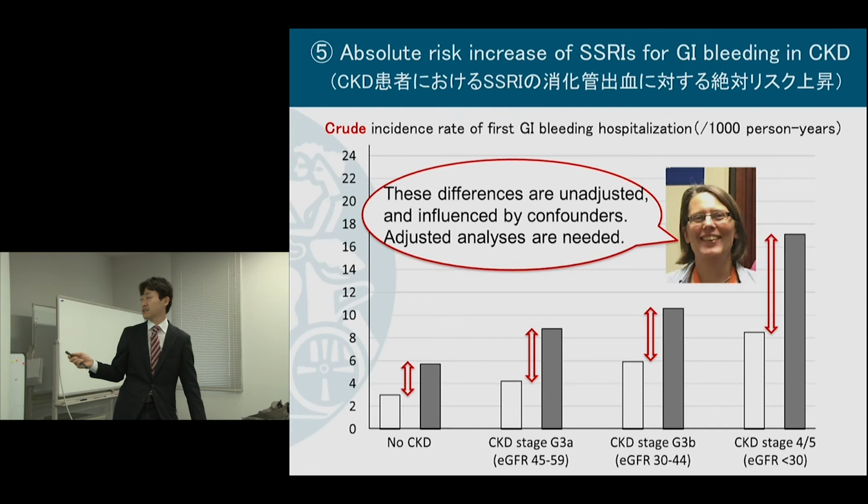By which she meant that, for example, this period and that period are quite different because other confounding factors, such as aspirin or anti-acid drugs, may be different. Also diabetes status may be different. So these are indeed confounded.